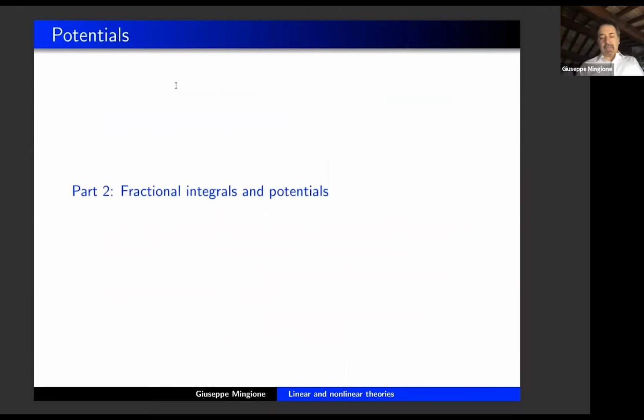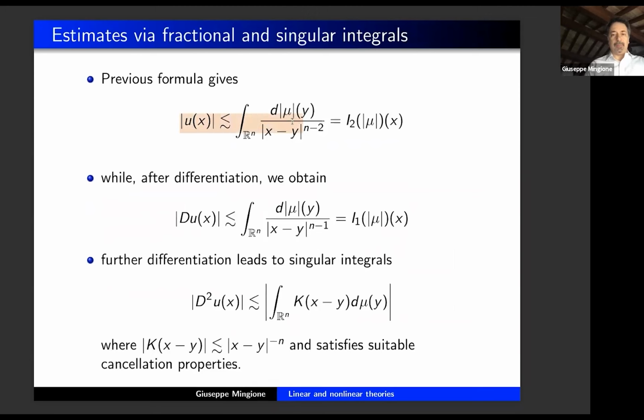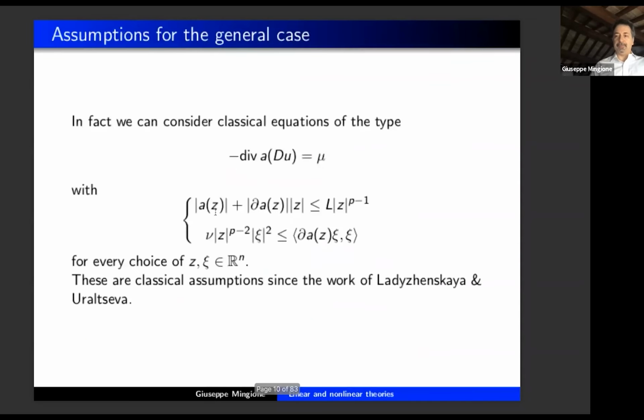Okay, now the idea, let me recall, is that for the Laplacian we have these two representation formulas, and then we want to know if something can be done in the nonlinear case. Although fundamental solutions are absent, of course. Representation formulas are absent.